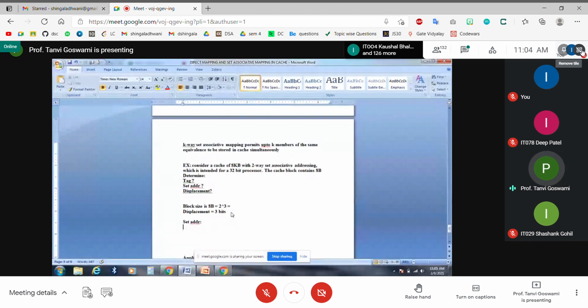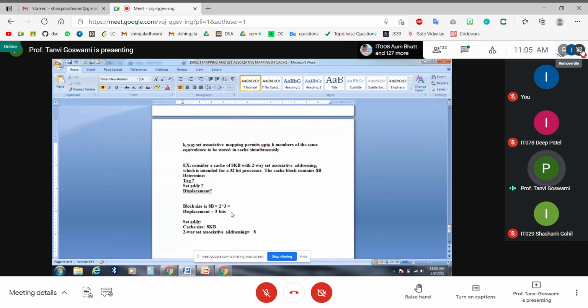The next thing that we will identify is set address. What is given with us? Cache size. What is the size of a cache? It is 8 KB. Now again we are having two-way set associative addressing, and therefore your cache is divided into two parts.